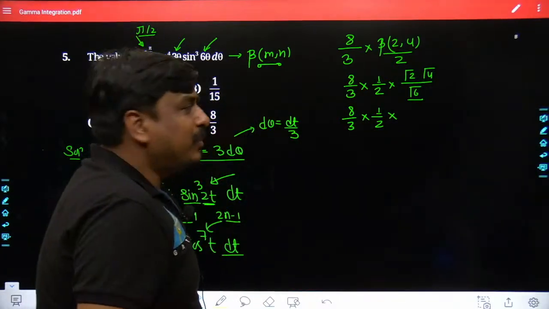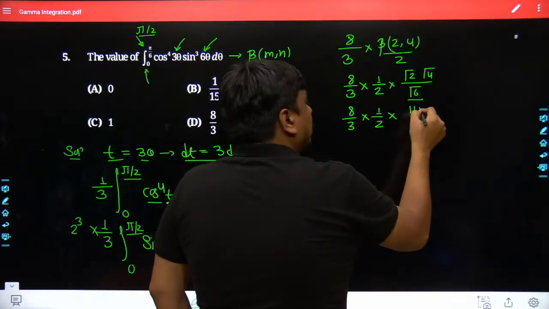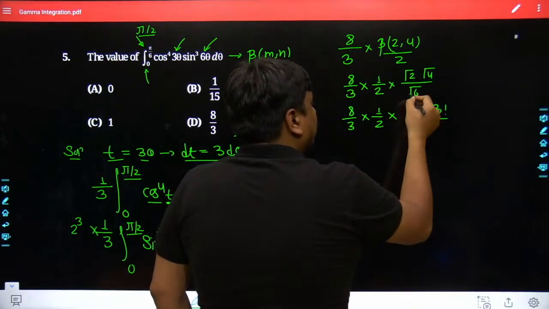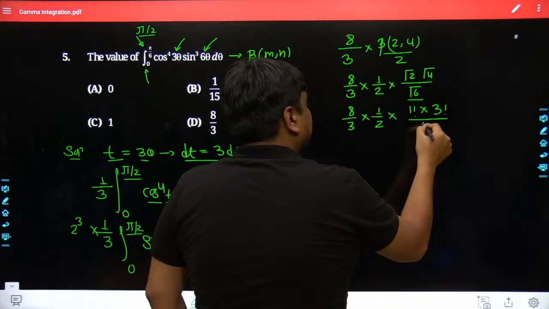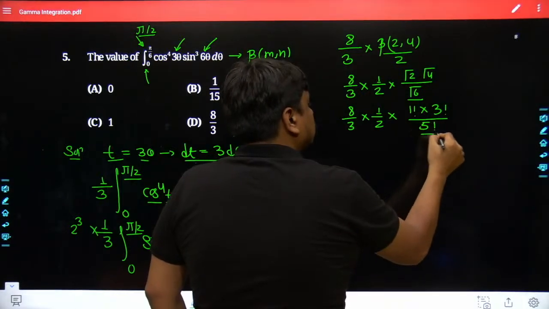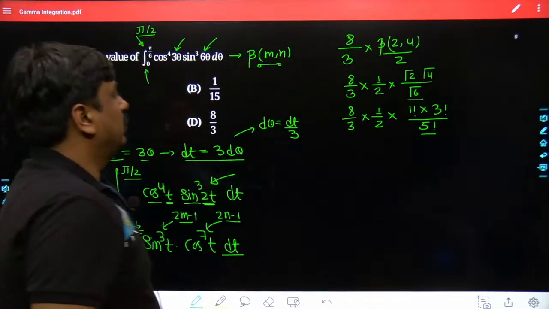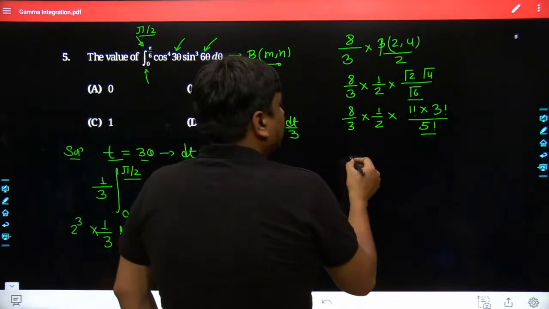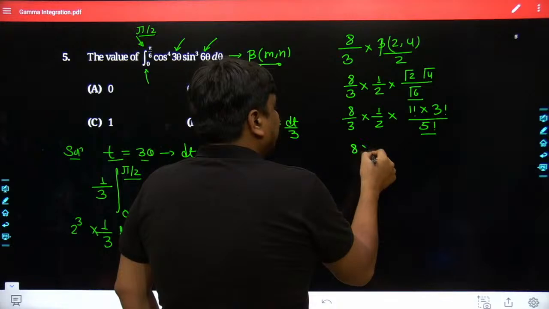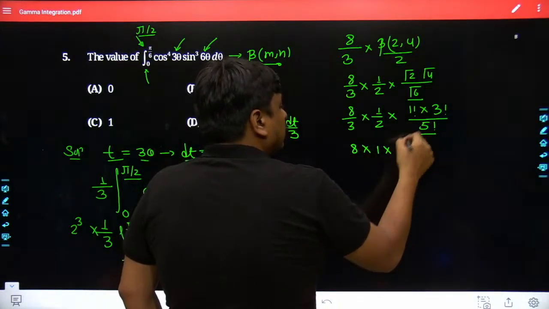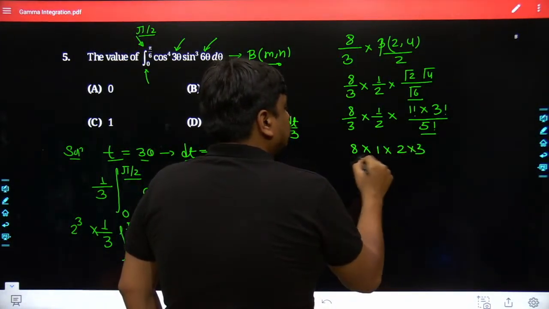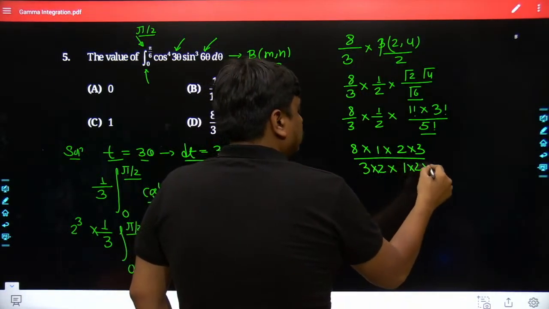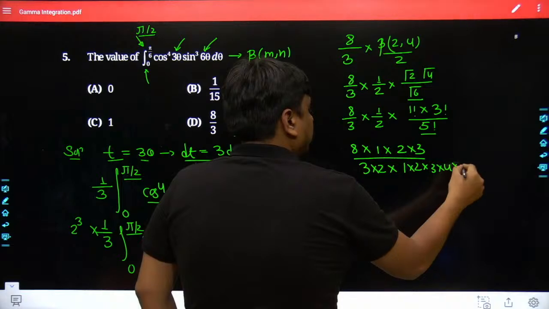Gamma of 2 can be written as 1 factorial, gamma of 4 as 3 factorial, and gamma of 6 as 5 factorial. So let me conclude the result. Here it is 8 into 1 into 2 into 3, and here it is 3 into 2 into 1, 2, 3, 4, 5.